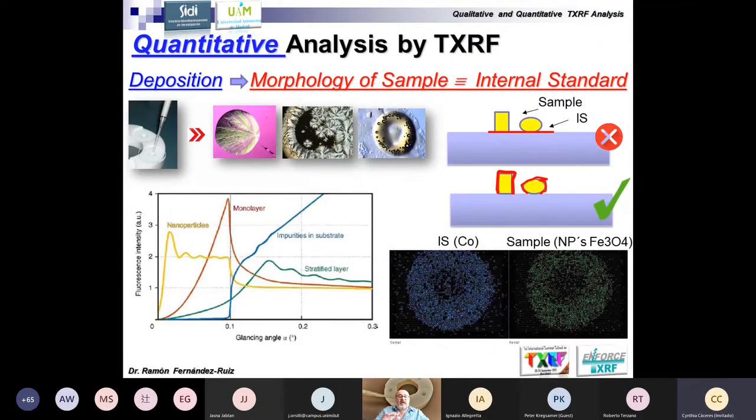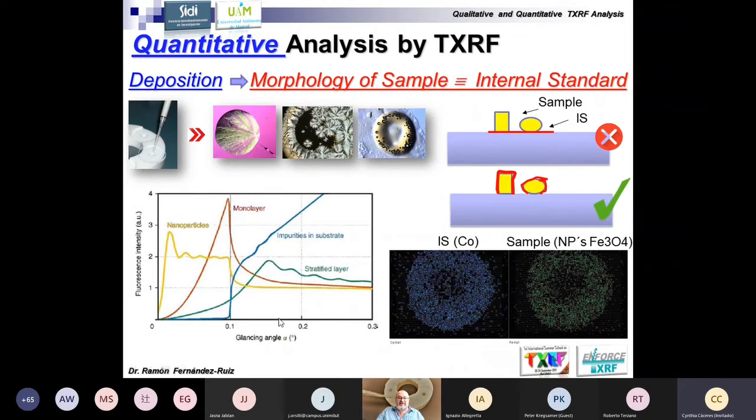Good, because if there is absorption, this absorption appears for both signals, not only for the iron signal. After this characteristic, the internal standard should follow the same shape, from a microscopical or macroscopical point of view, but morphologically it should follow the same shape.